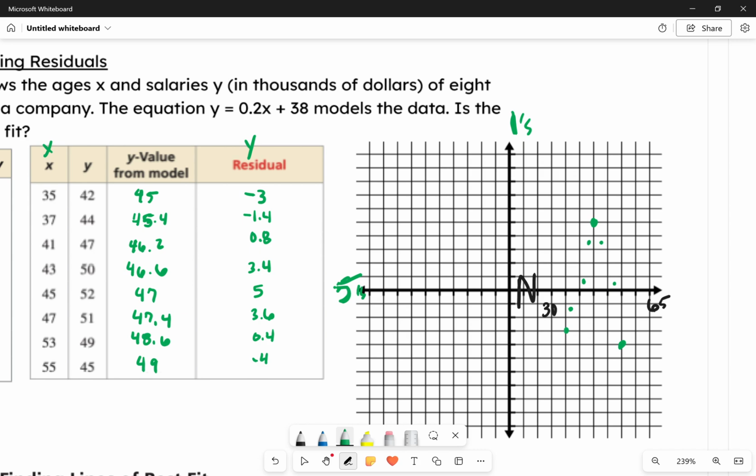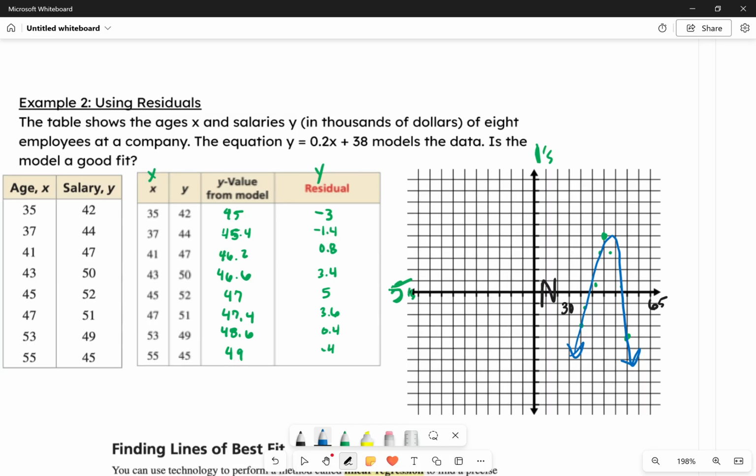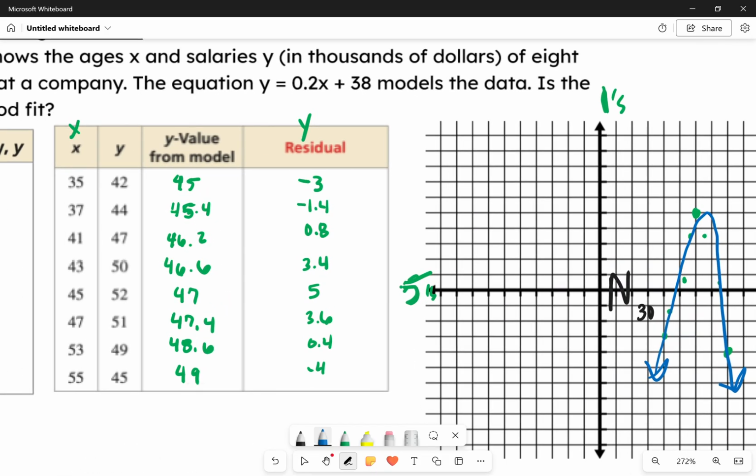All right, so now if we take a look at this, this is quite interesting. To me, this is very clearly an up-down curve. Let's go back for a second. Remember, what we're looking for is whether the absolute value of our residuals is relatively small. In this case, I would say yes, they still are relatively small.